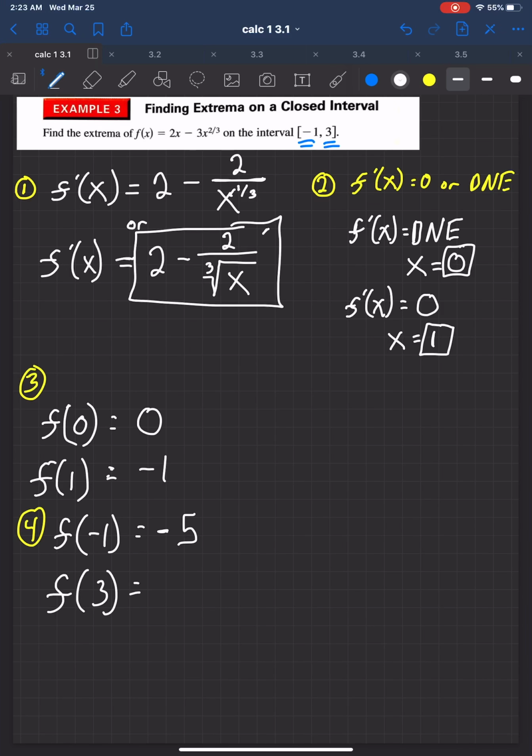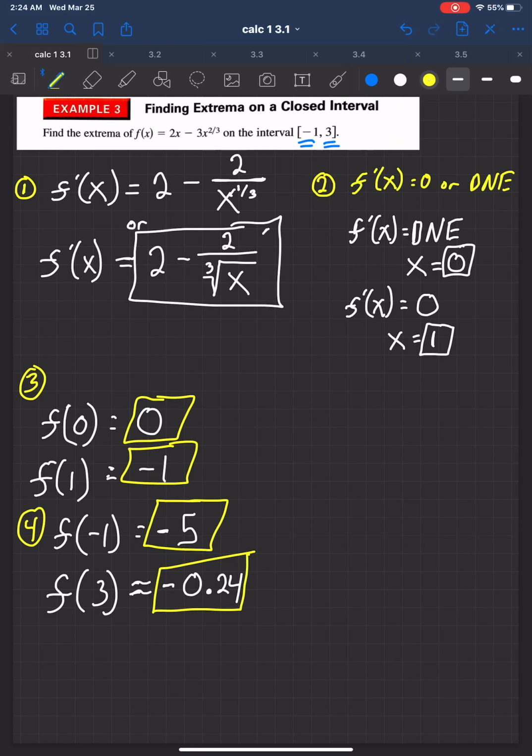And if you plug in a 3, you get out, I think this is roughly -0.24. Okay, so I'm going to go ahead and box these in. And now we're at that last step where you find the min and max.